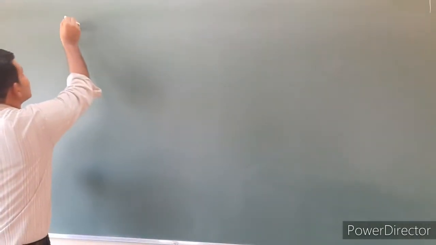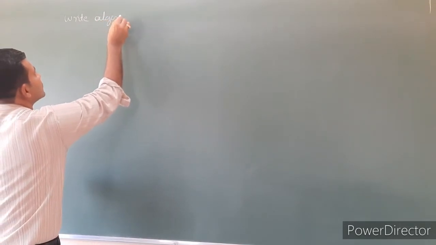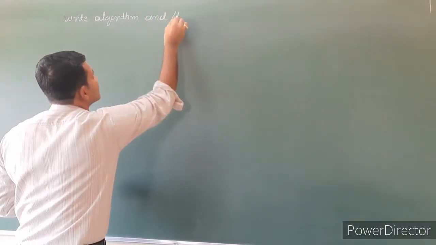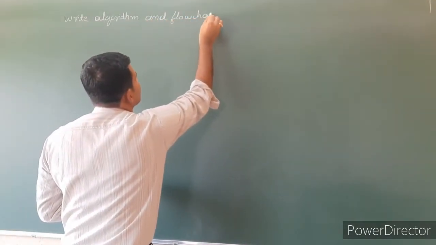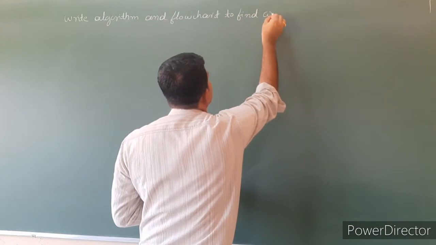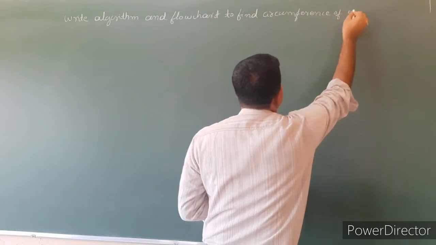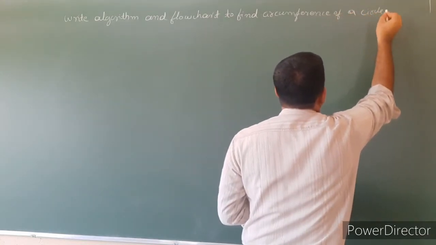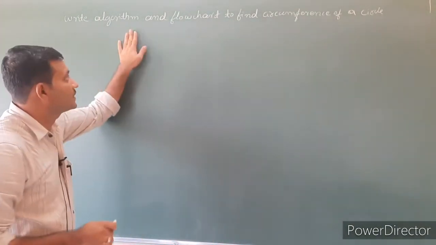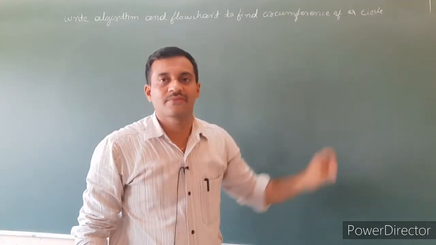That is, write both algorithm and flowchart to find the circumference of a circle. The problem definition is to write the algorithm and flowchart to find the circumference of a circle.